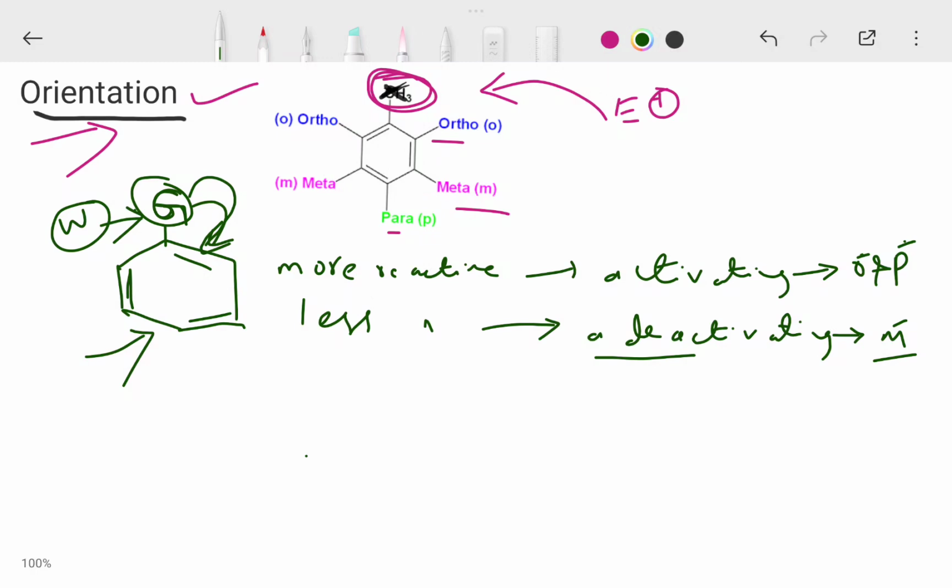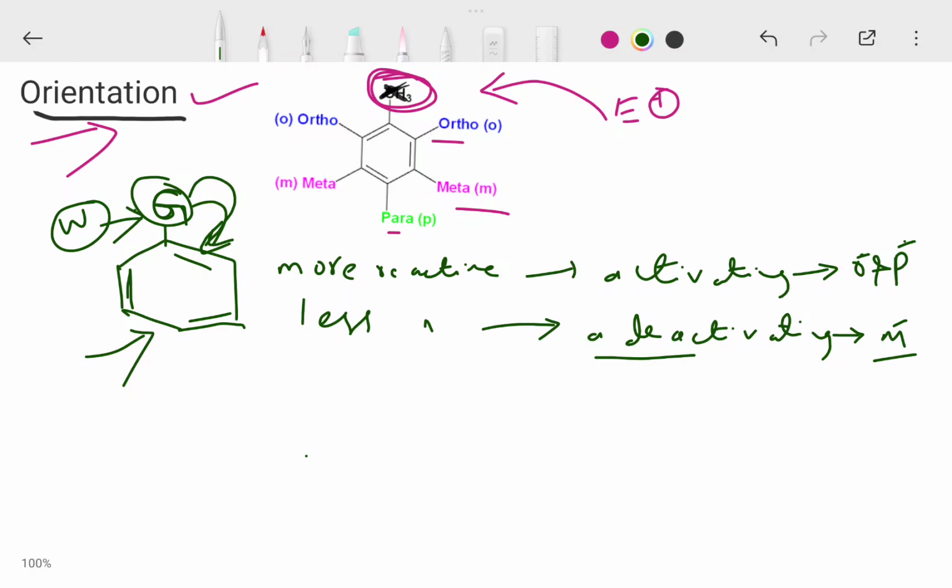The substituents that activate the benzene ring by increasing the electron density direct the incoming group to ortho and para positions. The substituents that deactivate the benzene ring by decreasing the electron density direct the incoming group to the meta position.